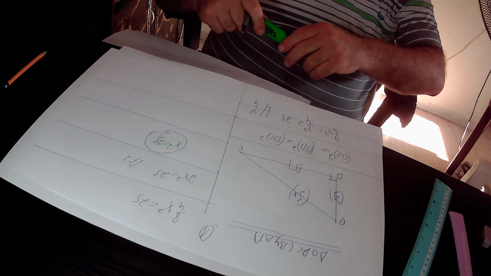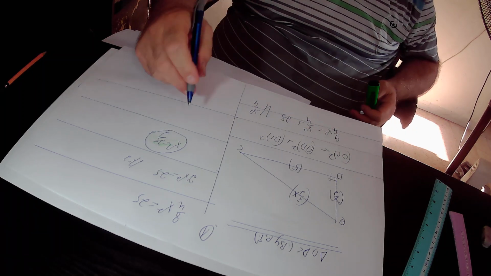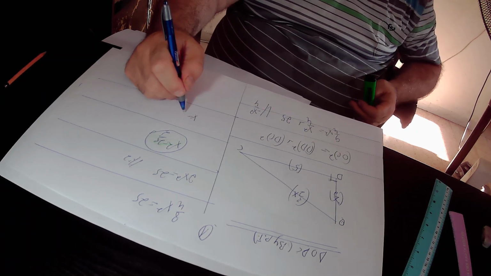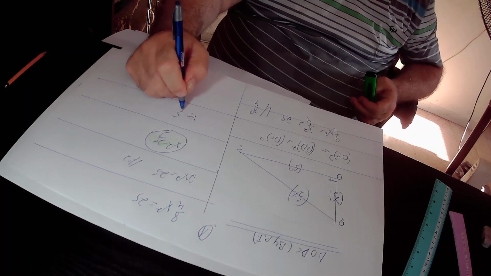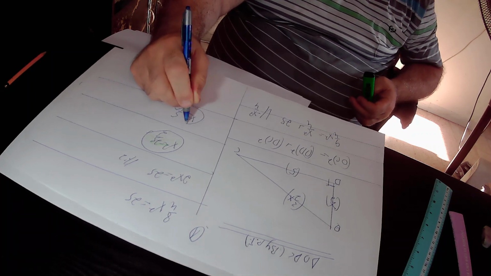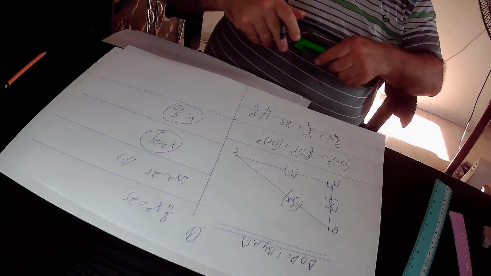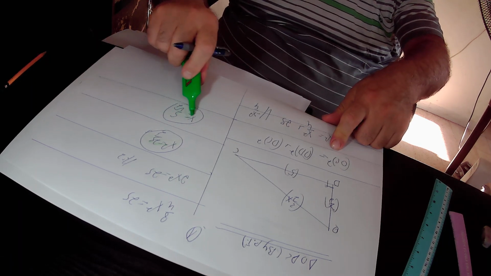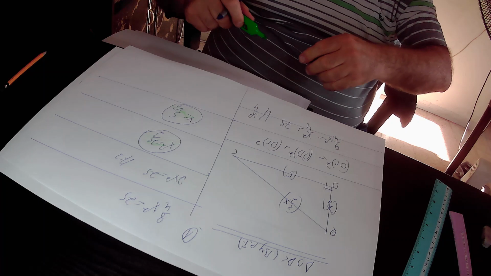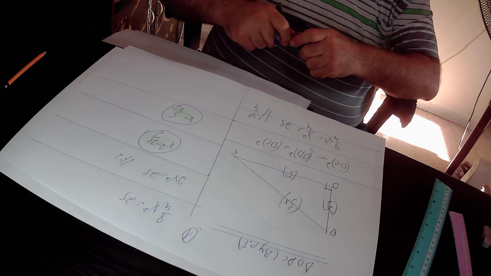So here we take a look at the equation, finding that x equals the square root of 25, that is 5, over the square root of 2. So x equals 5 over the square root of 2, and x squared equals 25 over 2.